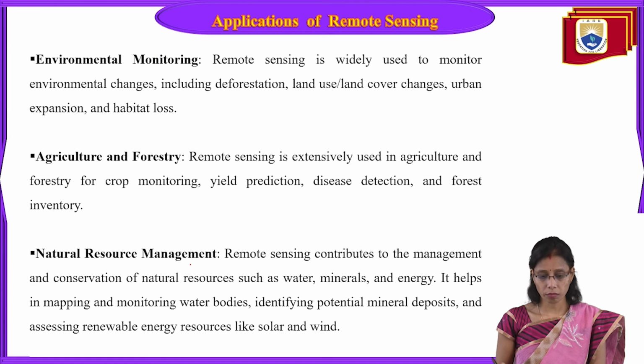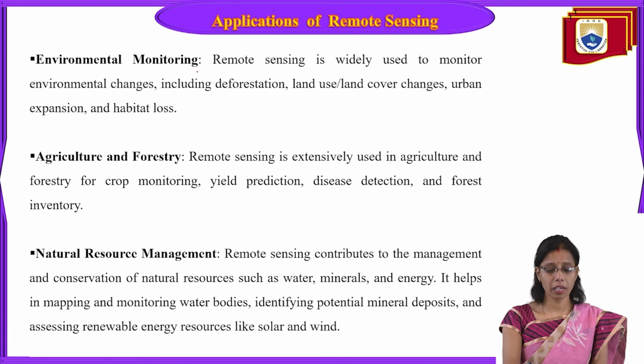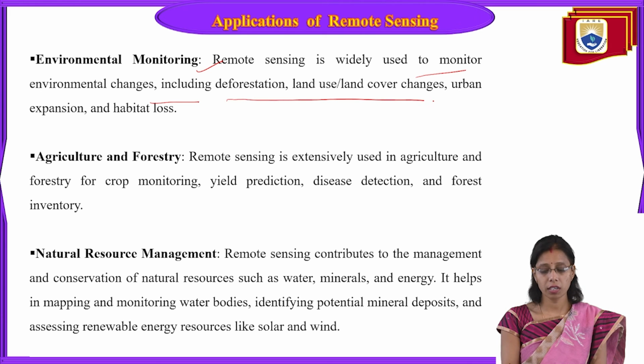Okay. Now coming to the applications of remote sensing. Remote sensing has huge applications. Here I have discussed only a very few. Broadly, remote sensing has an application in environmental monitoring. Environmental monitoring means remote sensing is widely used to monitor environmental changes, including deforestation, land use, land cover, urban expansion, and habitat loss.